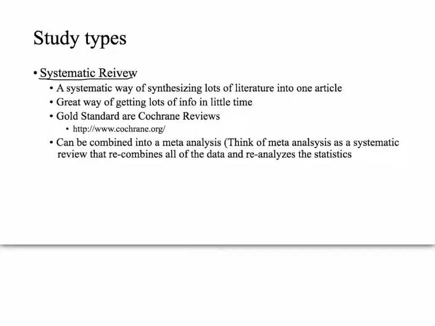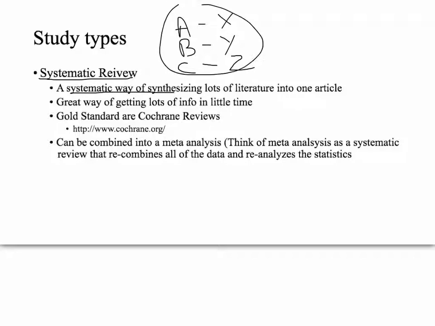A systematic review will say paper A found X, and paper B found Y, and paper C described symptom Z. And so it's a systematic way of taking all of these papers and getting them down into one little article. So these systematic reviews are a great way of getting a lot of information in a little bit of time.